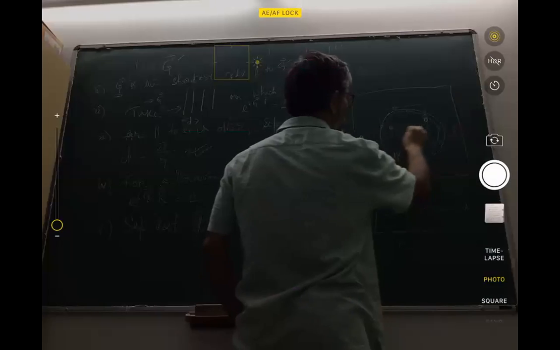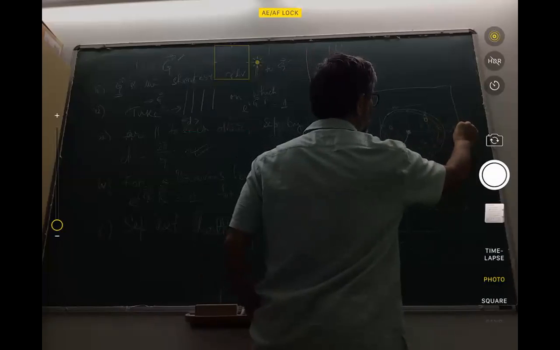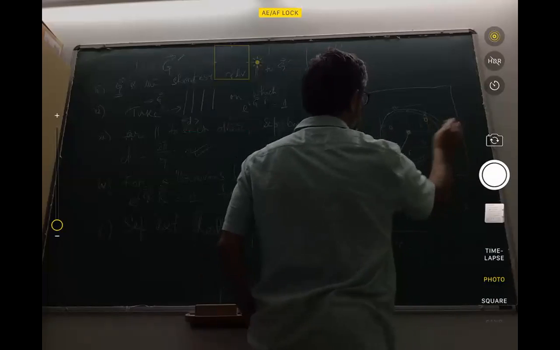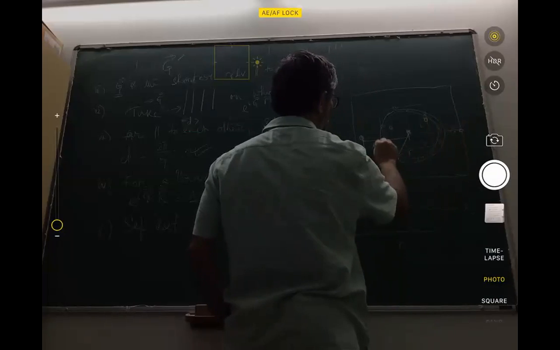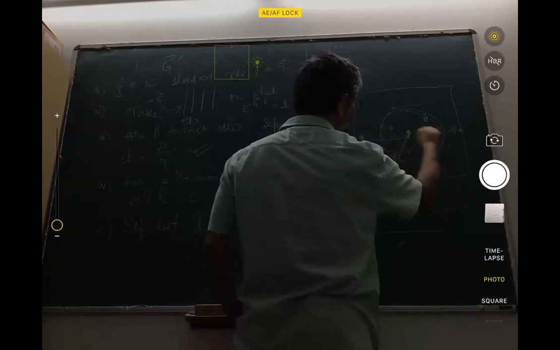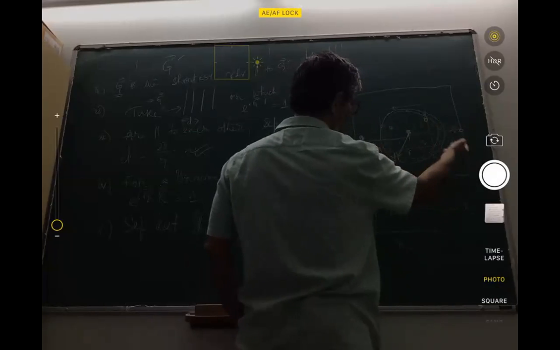Okay, so suppose there is one here, the other one is sitting here. Within your box, to be extreme, let us say this is right at the boundary. If this distance is some x1 within the box, the distance between this and this would be L by 2 plus x1.